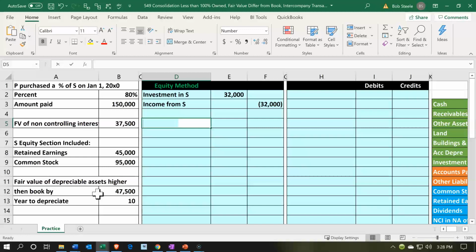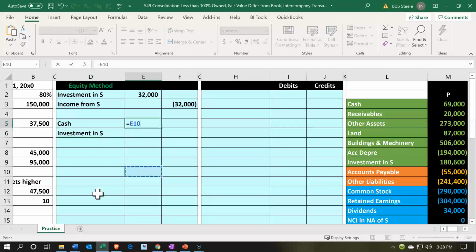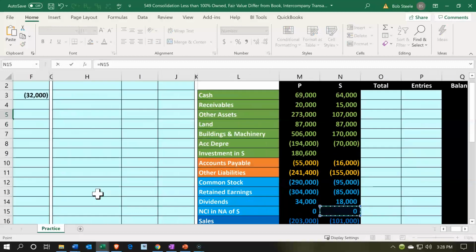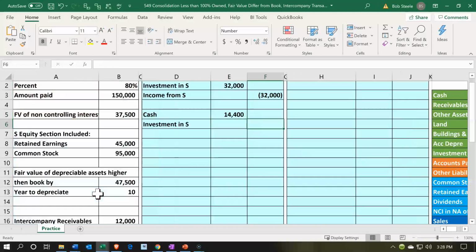But then we have the dividends that went out. The dividends would be increasing cash for P, and the other side would then be decreasing the investment in S for our portion or P's portion of the dividends, which is going to be the total dividends that went out here, 18 times our portion, the 80%. So there we have that. That's the normal kind of thing that would happen.